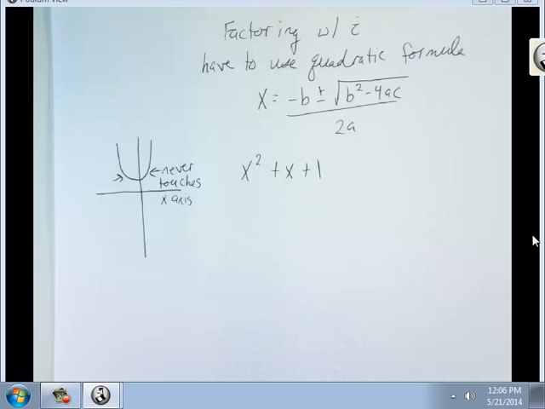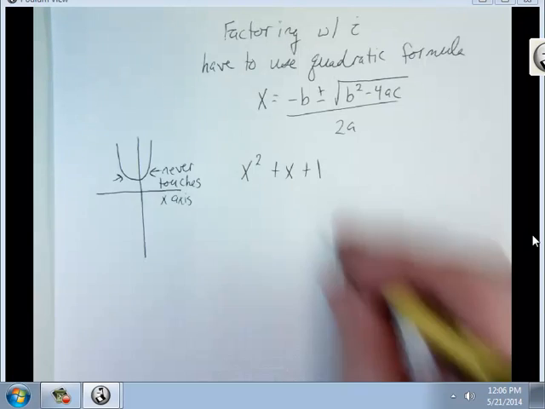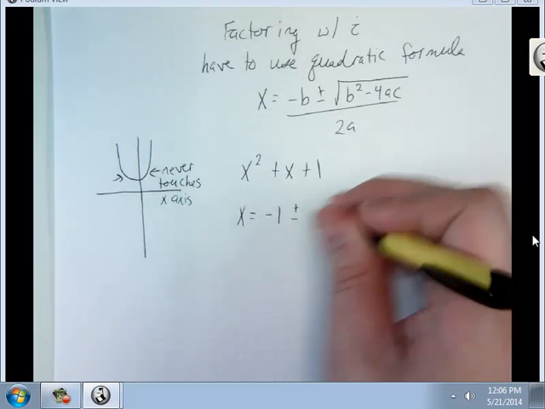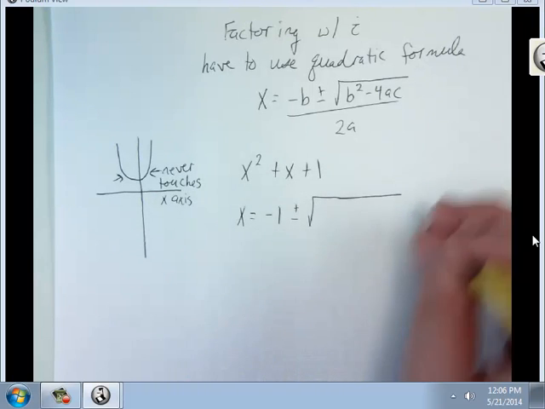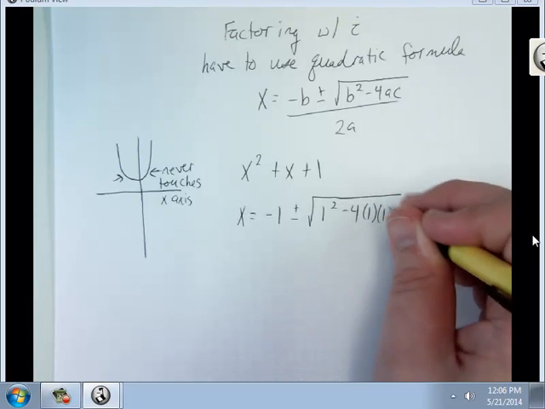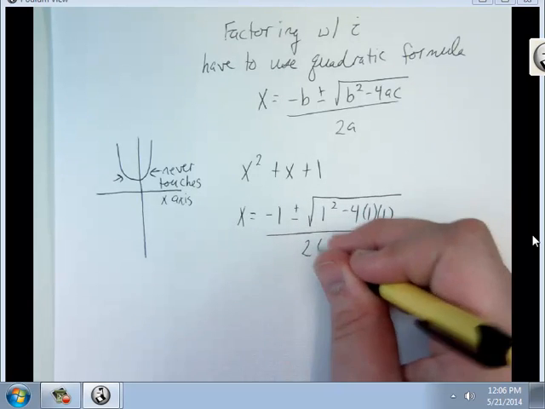Well, I'm going to use the quadratic formula like I said here. So x equals negative 1 plus or minus the square root of 1 squared minus 4 times 1 times 1 all over 2 times 1.